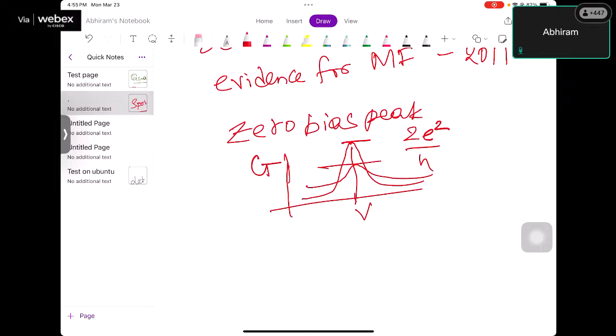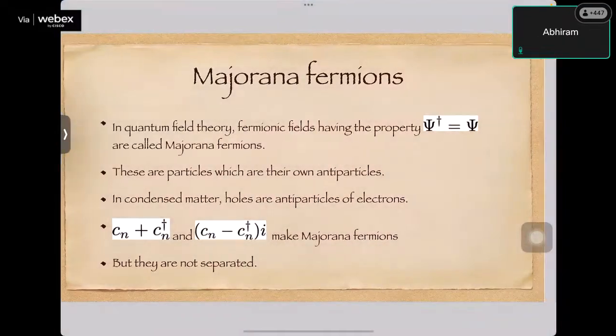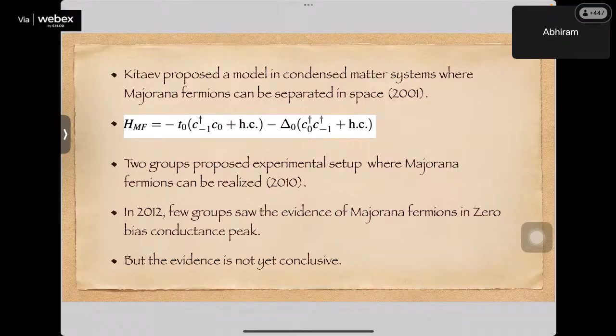Even now, whether experimental evidence for the Majorana fermion has been seen is a controversy. The reason is that the zero bias peak can appear not only because of the Majorana fermion; there are other mechanisms that can give rise to a zero bias peak. So the conclusive evidence for observing Majorana fermions is not the zero bias peak. That is the reason for this controversy. Okay, so that is about Majorana fermions.